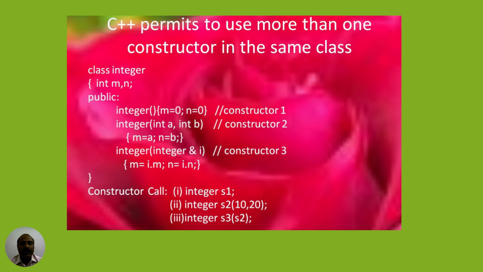The object s2 is passed and stored in i, so i received the s2 values. So i.m equal to m and i.n equal to n. Here 10 and 20 are assigned to m and n respectively.